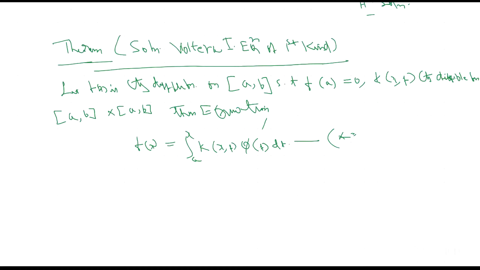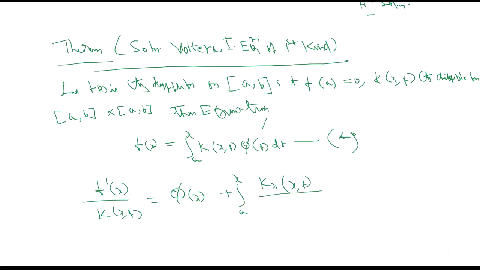That means f dash of x divided by K(x,x) equal to phi of x plus integration a to x K_x(x,t) divided by K(x,x) phi of t dt.